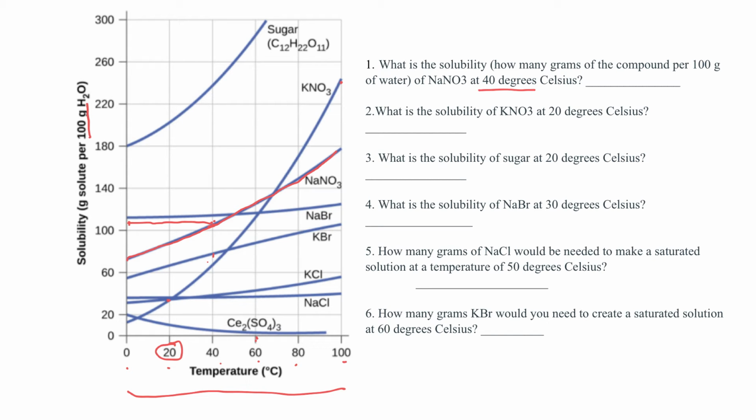There's not a number here, but we can say in the middle of 20 and 60, this would be 40. So this is about 35 grams per 100 grams of water.